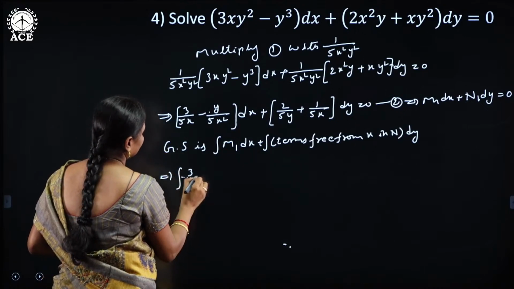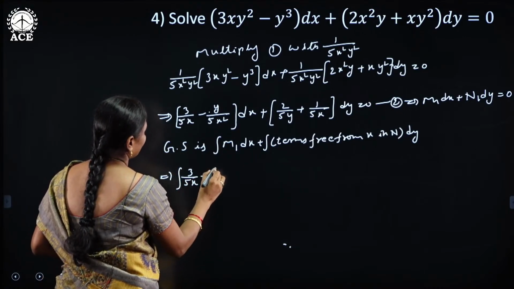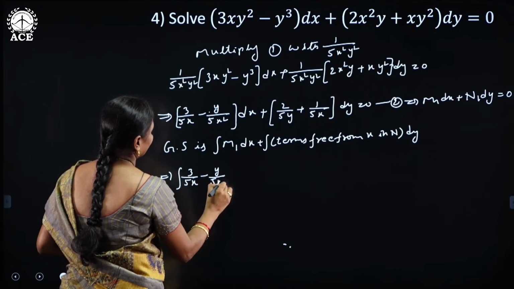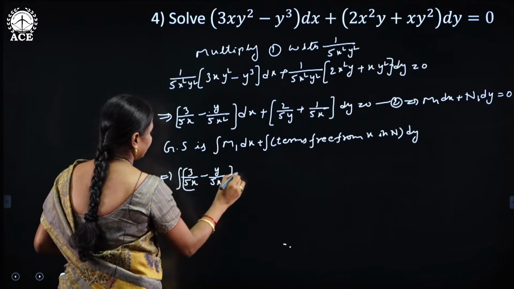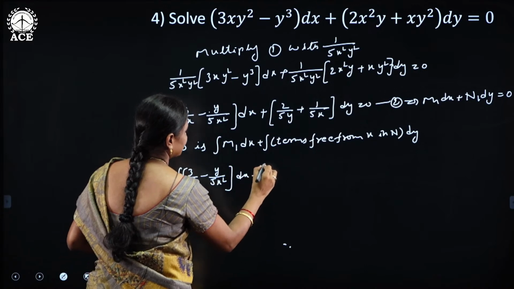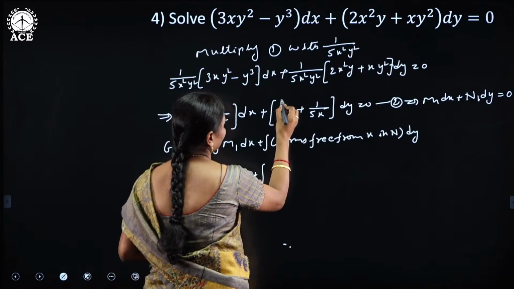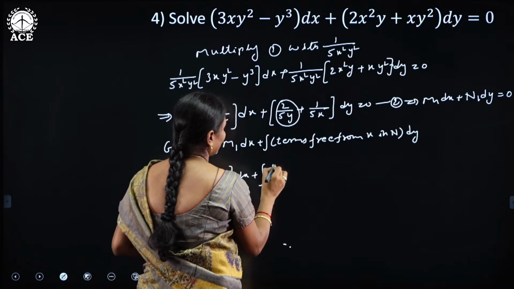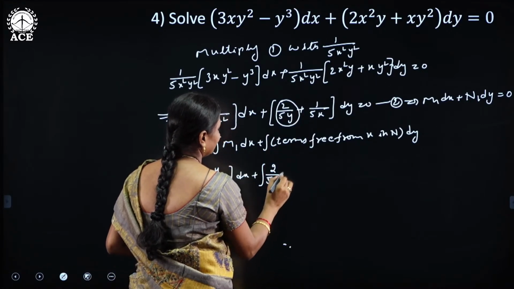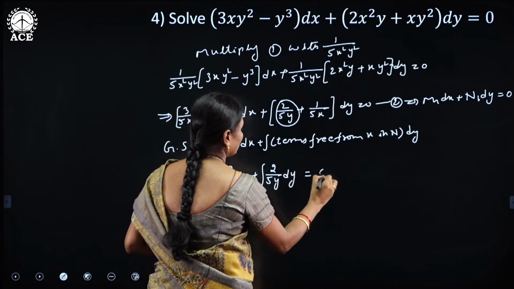m1 is equal to 3 by 5x minus y by x squared, plus the next integral terms free from x in n1. We have only one term, that is 2 by 5y. So 2 by 5y into dy is equal to c.